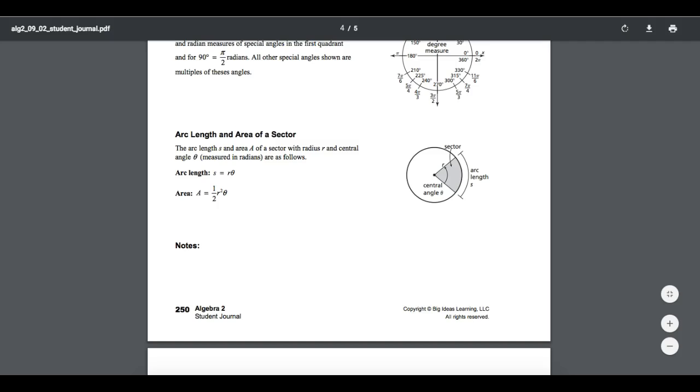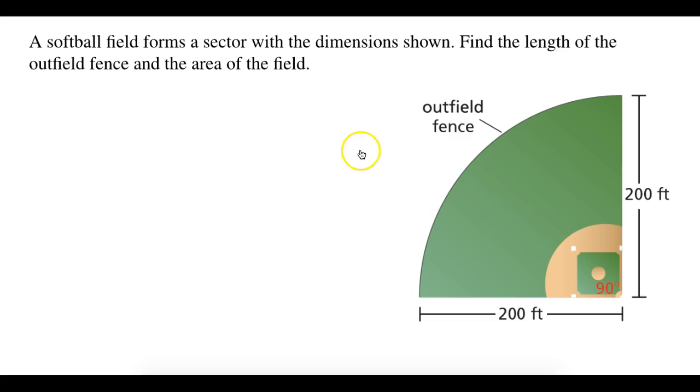So let's go back to our problem right here. We want to find the length of the outfield fence and the area of the field. Well, let's go ahead. I'm going to write down our two equations here. We know that our arc length is equal to the radius times theta, and our area is equal to 1/2 r squared theta.